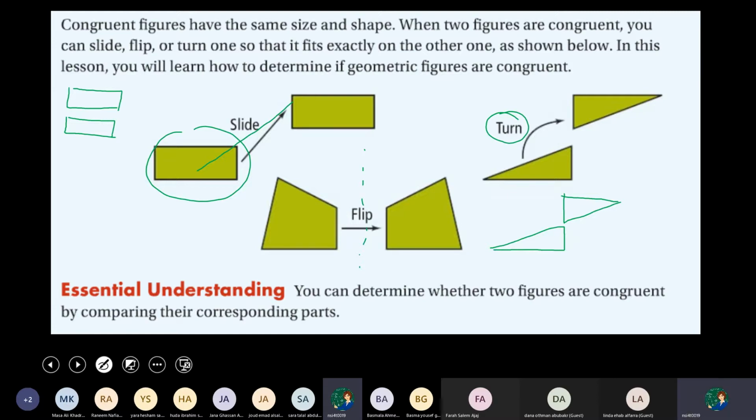Now, in this lesson today, we will learn how we can determine if these geometric figures are congruent or not. How can I know if these two figures are congruent or not? By comparing their corresponding parts.